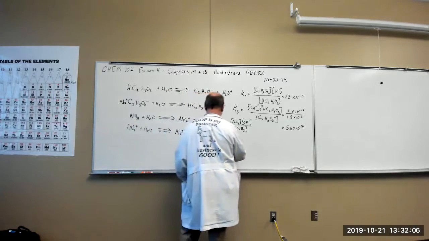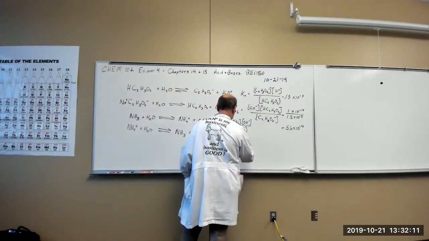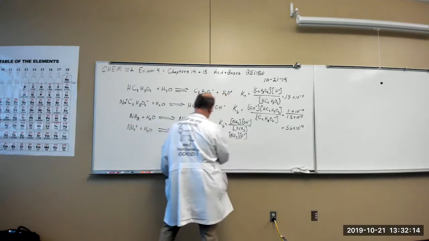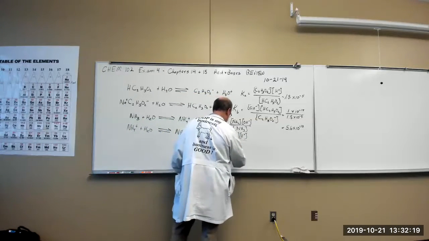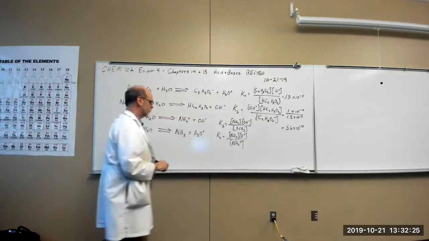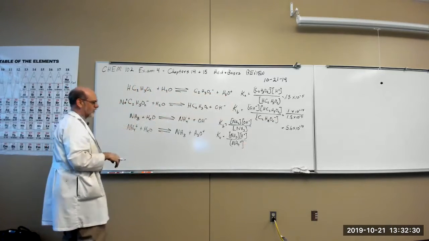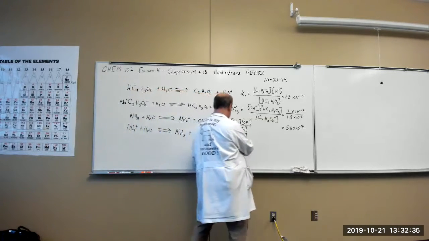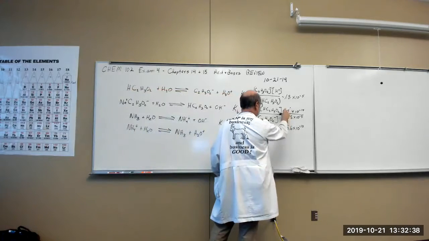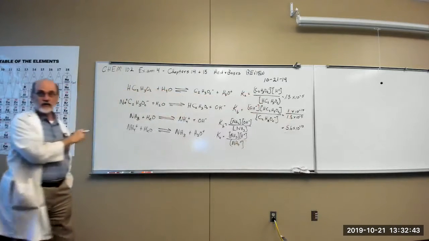So the Ka for this one would be ammonia, and then the hydronium, which I'm representing as a proton, and then the ammonium. Okay. Now I don't know what the Kb is or the Ka, but you would use the same process. If you know this one, then you divide it into the Kw for water, and you get the Ka for this reaction. Okay, so it works either way.